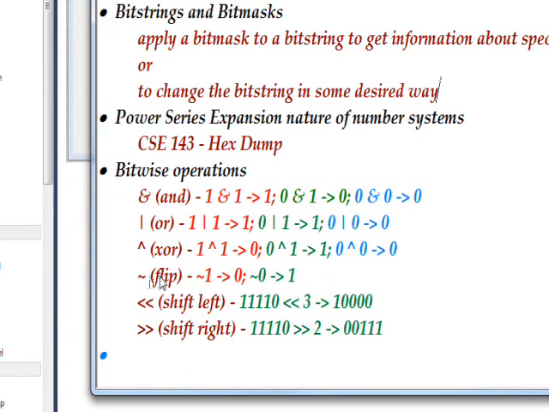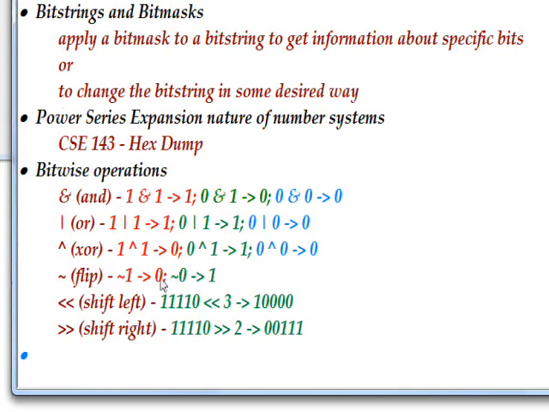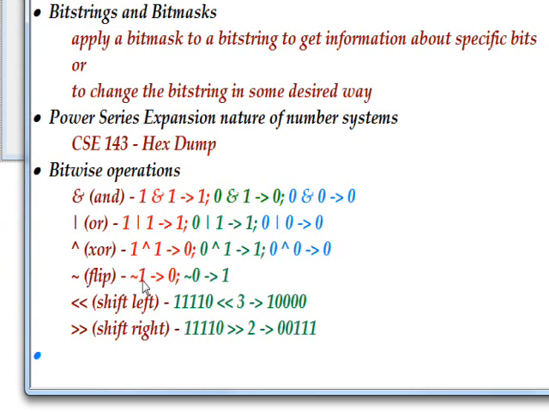The tilde is the flip bits, and it essentially says if you have a tilde 1, you'll get a 0, and if you have a tilde 0, you'll get a 1. So if you want to exactly reverse what the bit string is, you say tilde bit string, and you'll get the exact reverse.